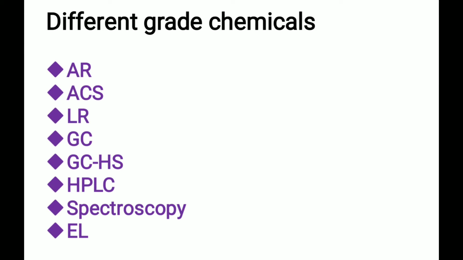Then spectroscopic grade. We know that in spectroscopy there is an interaction of matter with electromagnetic radiation. So here the interaction is more important. When electromagnetic radiation falls on a sample, it goes through changes like electronic transition, or it might be IR vibration.